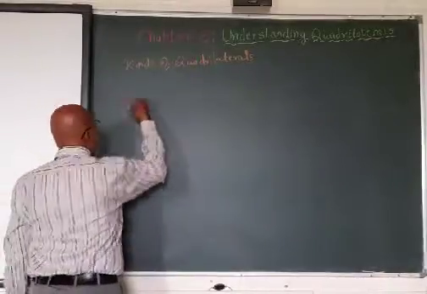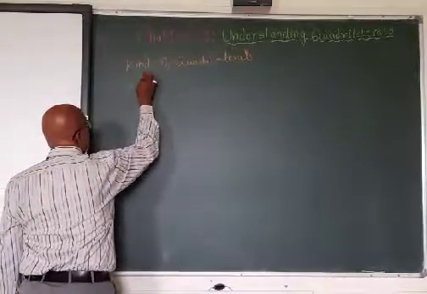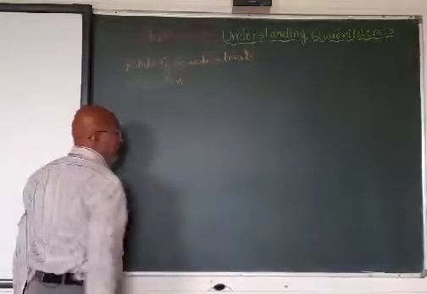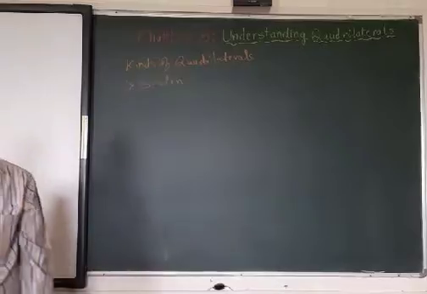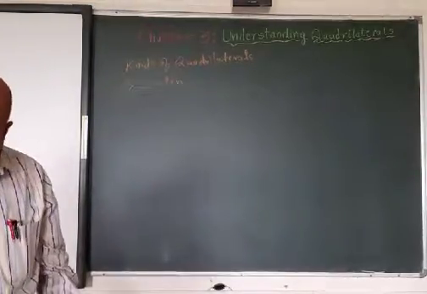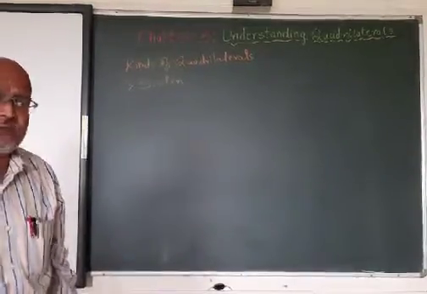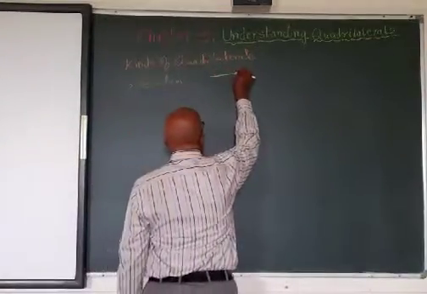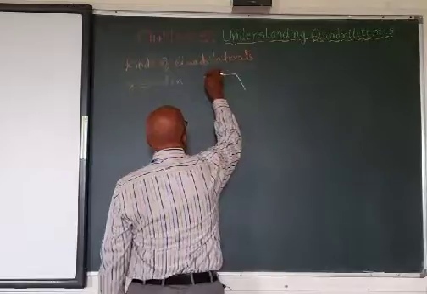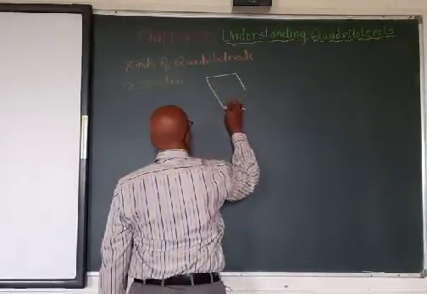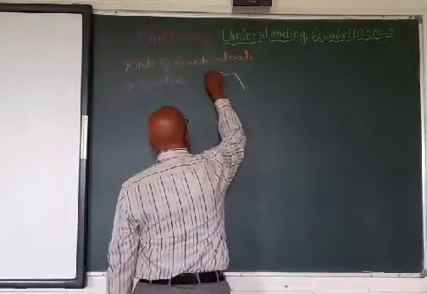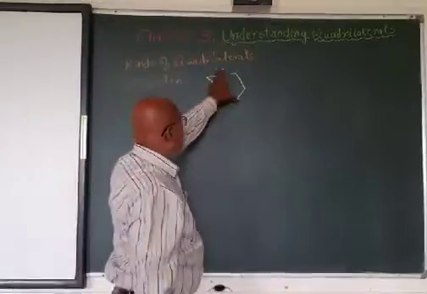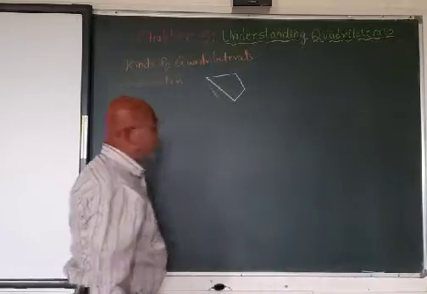Now, the first kind of quadrilateral is scalene. What do you mean by scalene? Scalene means it is not having any specific property. Four sides are there, but not having any specific property. Neither the opposite pair of sides are equal.